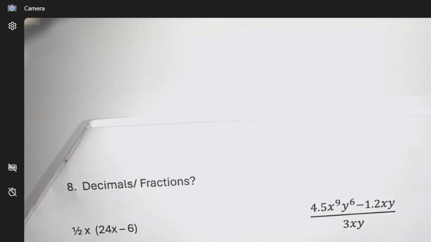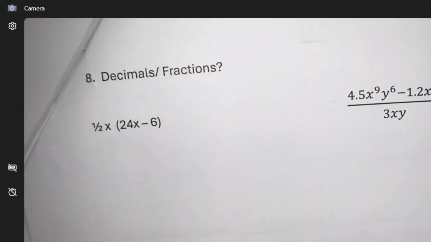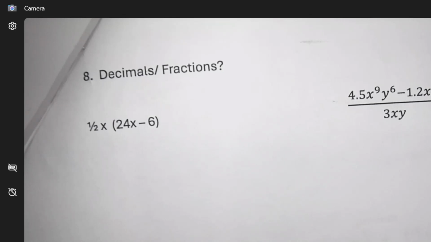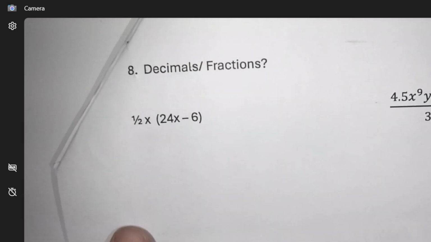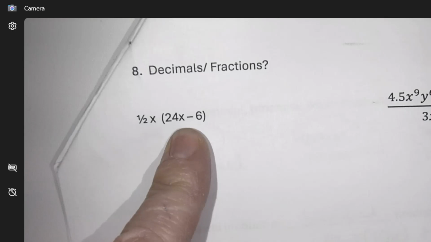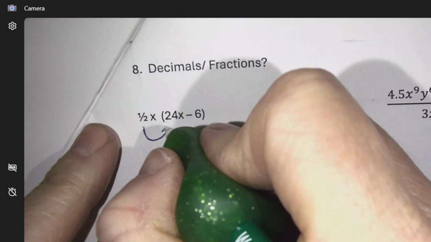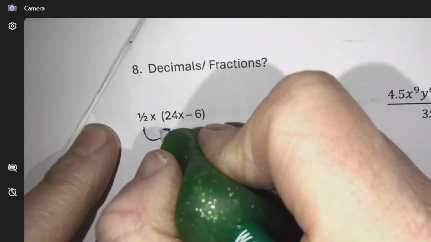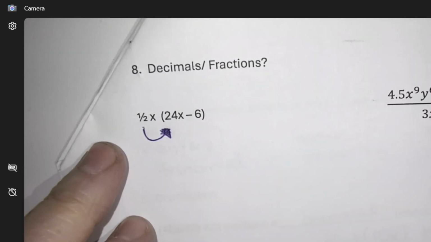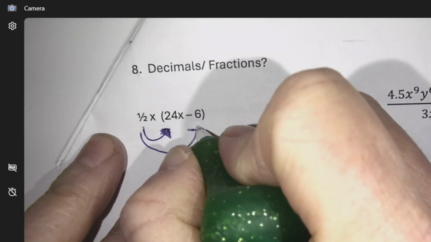Okay, and this is the last page. I put some decimals and fractions in here to throw you off. You should be capable of doing that though. Okay, I have a binomial here, so I'm going to have a distribution. As soon as I see a binomial, distribute. So I'm going to have to do this times this, and I'm also going to have to do this times this.